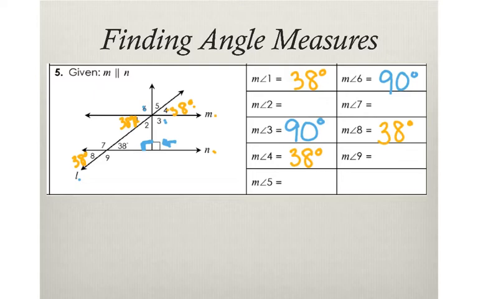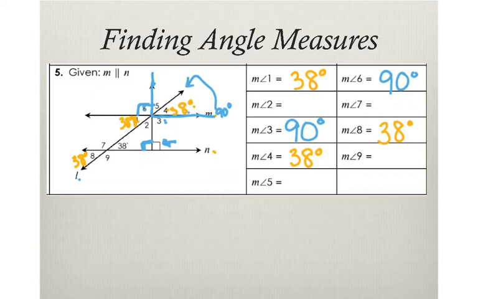Okay, now we're going to kind of jump away from our specific types of angles. We already said that this angle 6 here is 90 degrees. Okay, we know that since that part's 90 degrees, this, and I'm just going to put it all in blue like this, also has to be 90 degrees, this whole angle here.